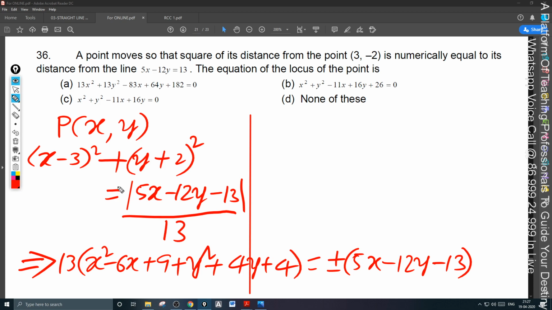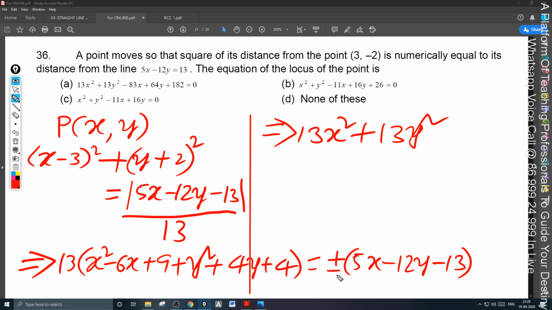What is the answer you said? Option C? 13x square plus 13y square. If you take plus here, this is minus 6x minus 5x, minus 11x. But he gave minus 83x there in option A. If you take minus here, why should we take minus?